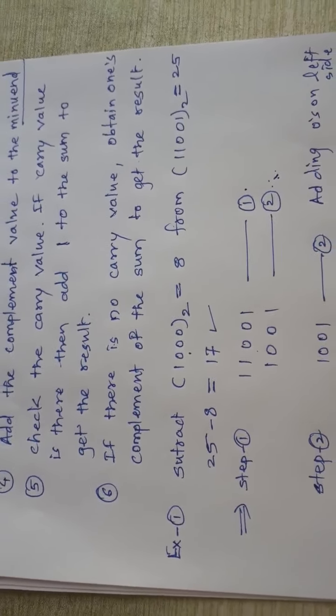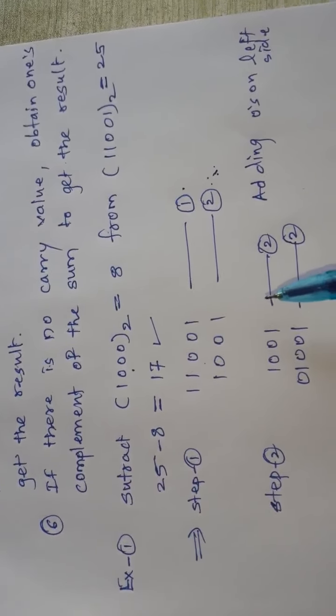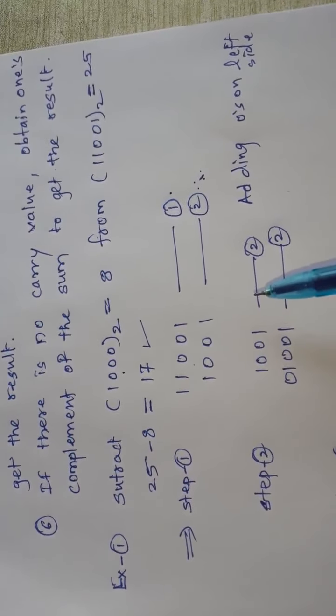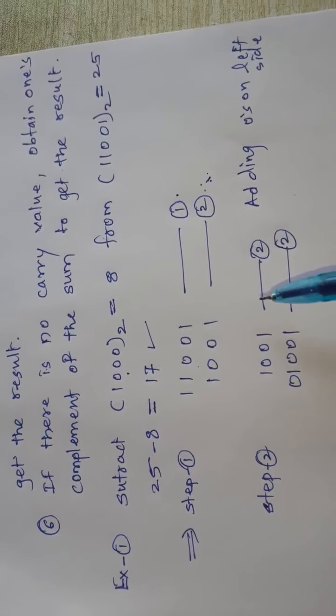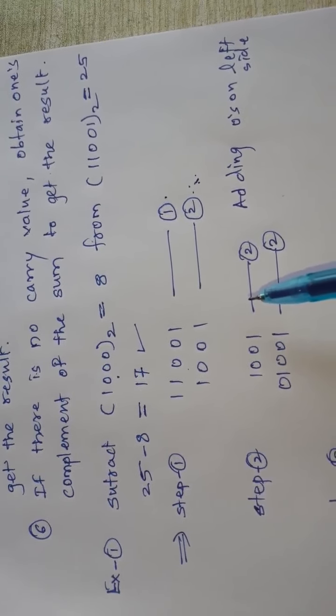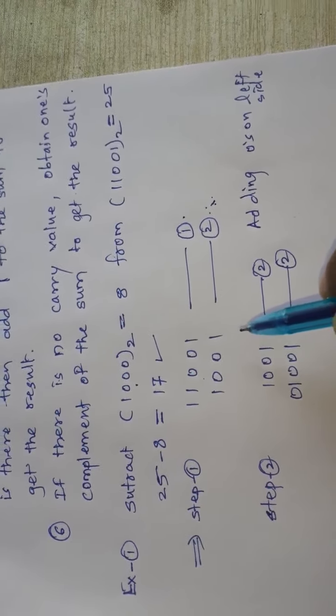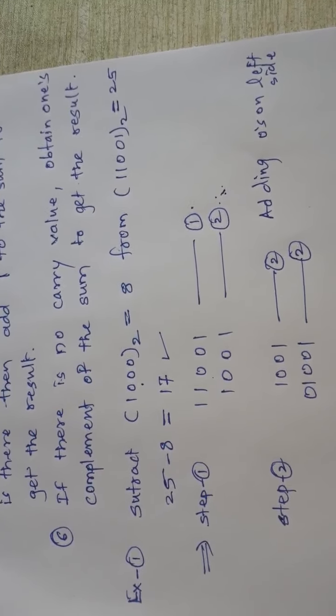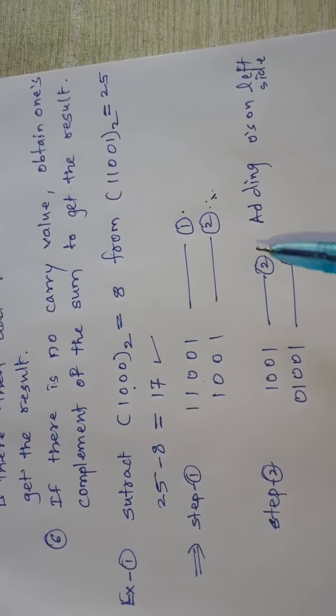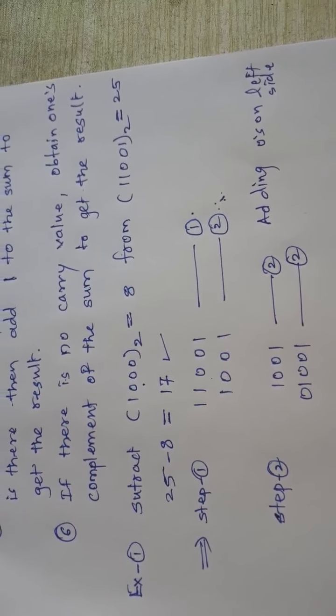Subtrahend means the number which is to be subtracted, and minuend means the number from which subtraction is to be done.